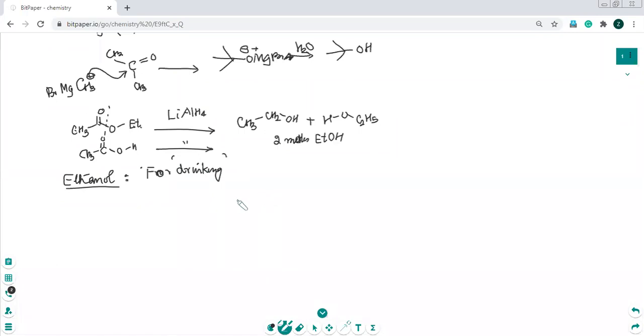Now you have different qualities and grades of alcohols.